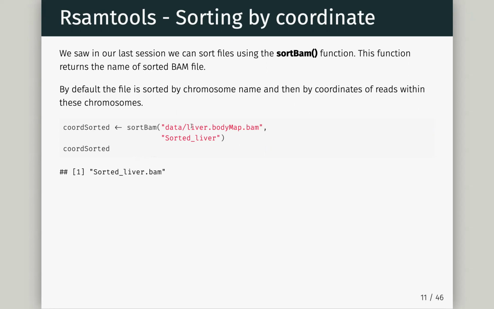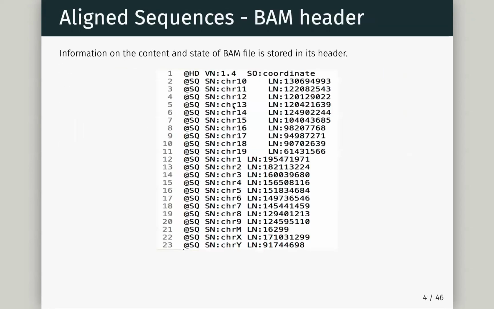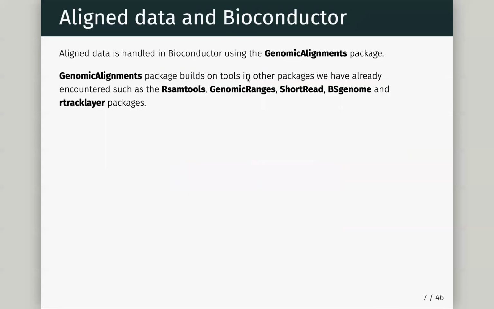So we saw that we can organize and get our BAM files sorted by chromosome name and then coordinate using this sort BAM function. What it's doing is looking at our chromosome order in the header of our SAM file, and then it's going to try and organize them by chromosome and then sort them by coordinate.